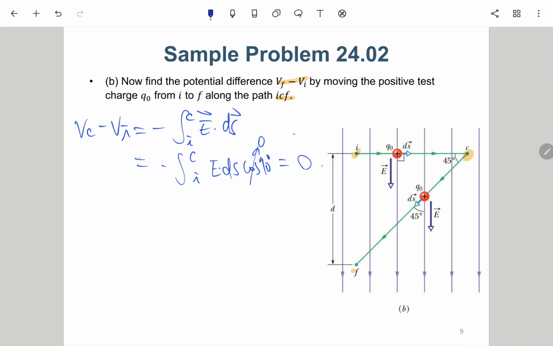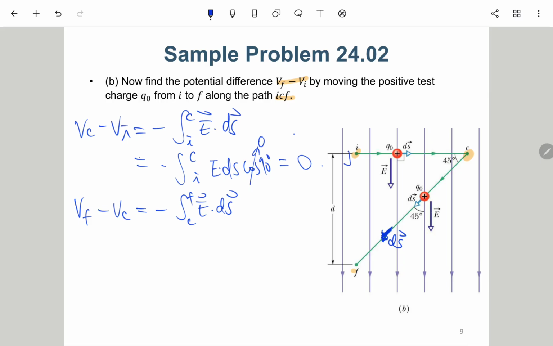Then going from C to F, Vf minus Vc is the negative integration of E dot ds from C to F. Here ds points from top right to bottom left at an angle of 45 degrees.